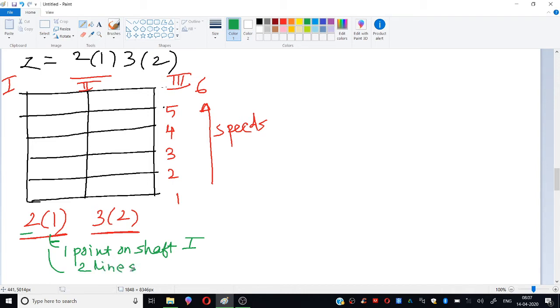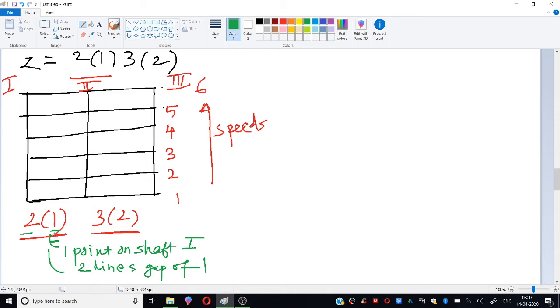We are going to draw 2 lines, and those 2 lines should have a gap of 1. So as per this formula, there should be 1 point on shaft 1.